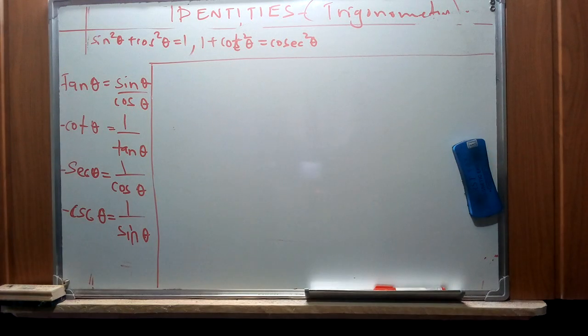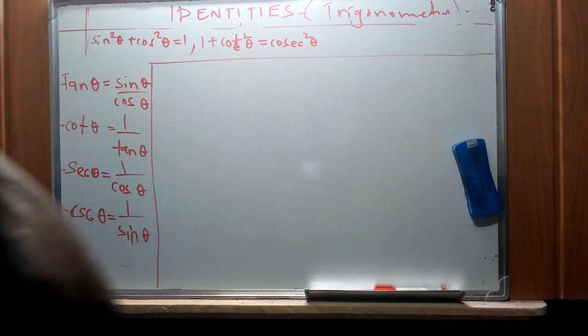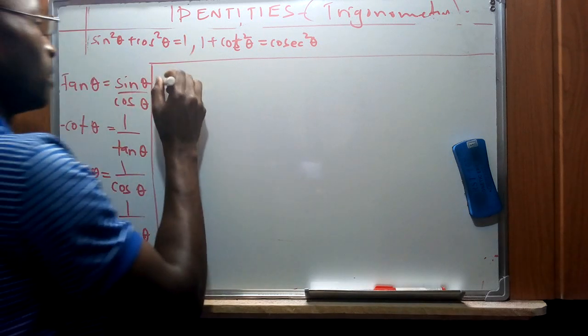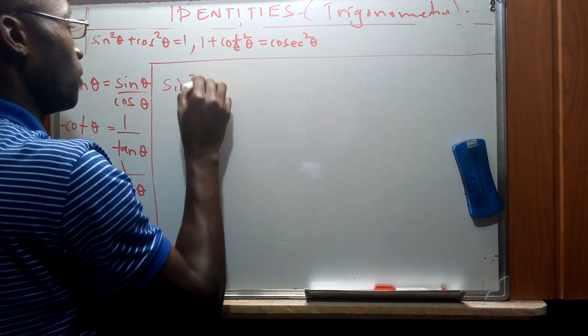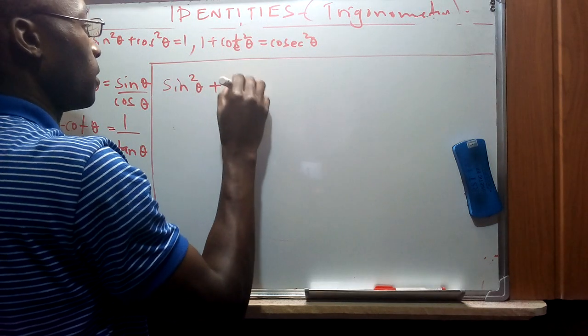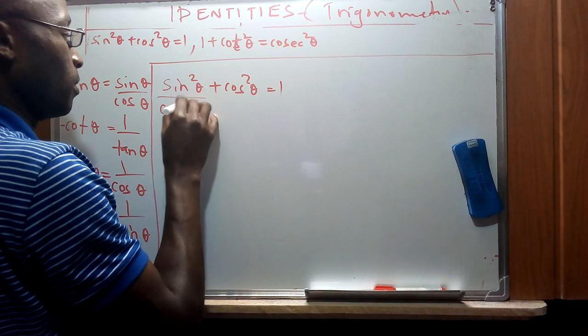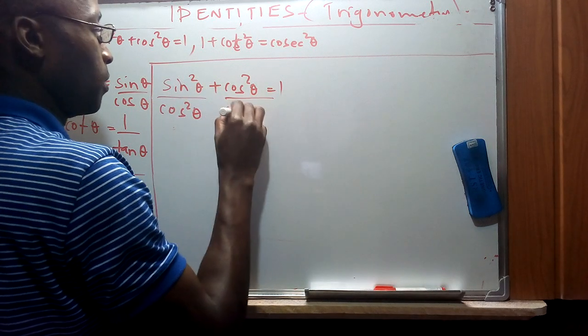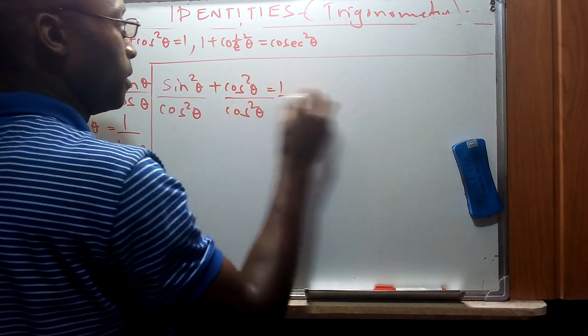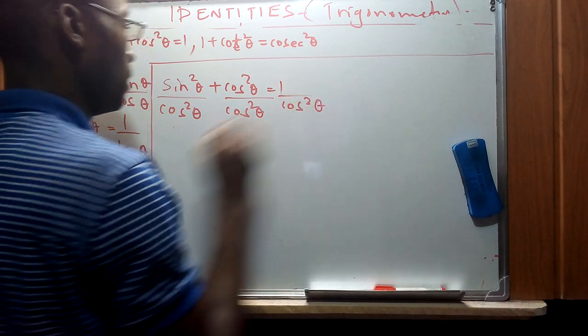And suppose we divided both sides by the cosine squared theta, which we have already mentioned, then we have the sine squared theta plus the cosine squared theta equals 1. Now divide both sides by the cosine squared of theta.